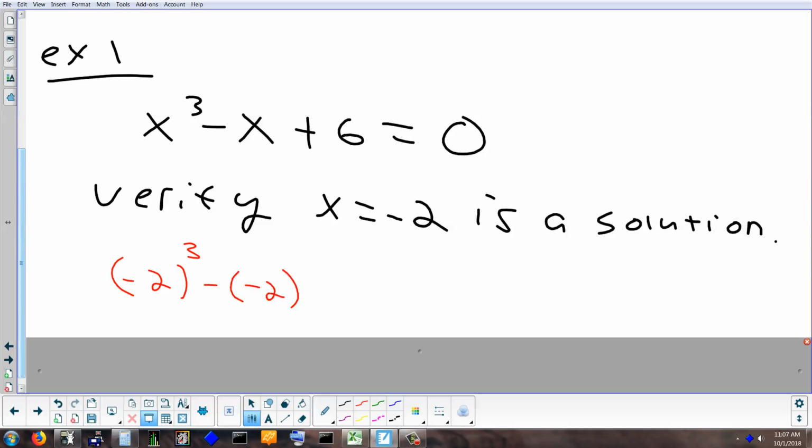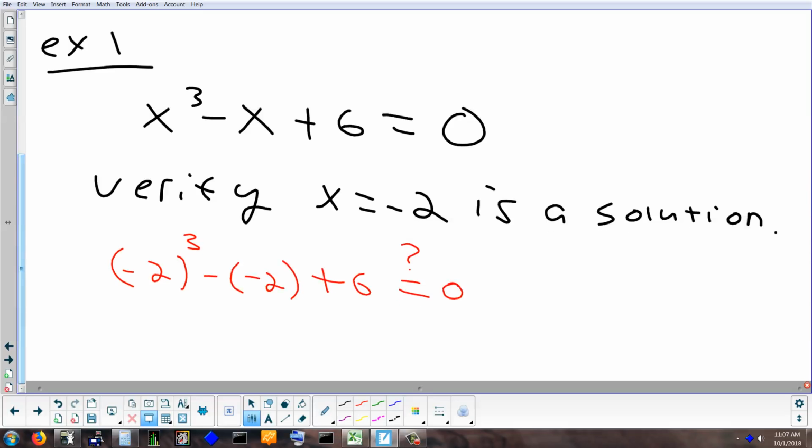It's minus 2 plus 6. I'll put a question mark because I don't know if it equals 0. I hope it does. If it doesn't, then one of two things: I either did something wrong when I checked it, or negative 2 isn't a solution. How about Rebecca? What's negative 2 cubed?